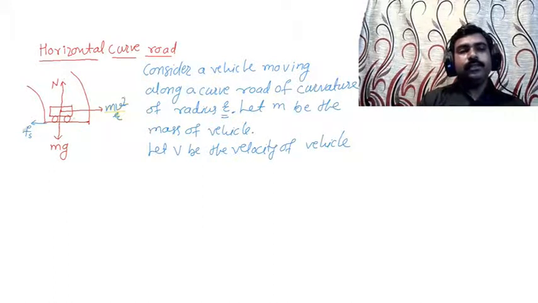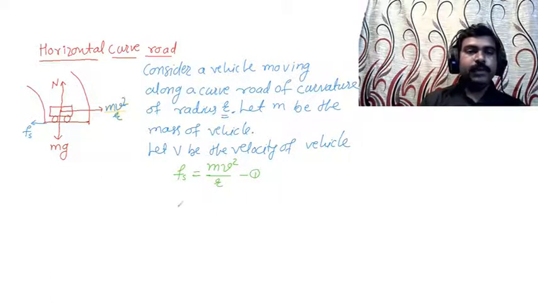Now see, these are the forces balancing each other. So we can easily write the equations from this diagram. Okay, so let's try to write the equations. Fs is balanced by this centripetal force. So therefore you can write Fs is equal to mv square divided by r, equation number 1.